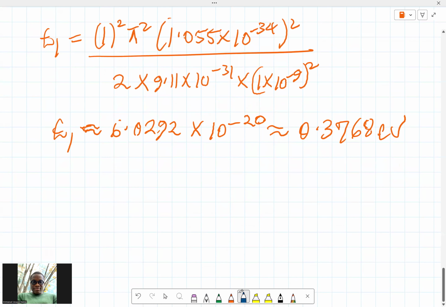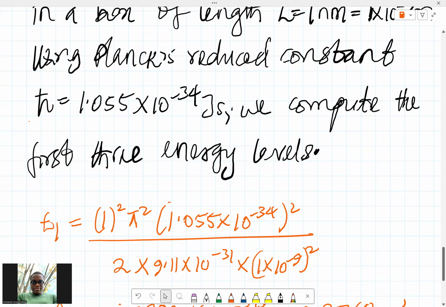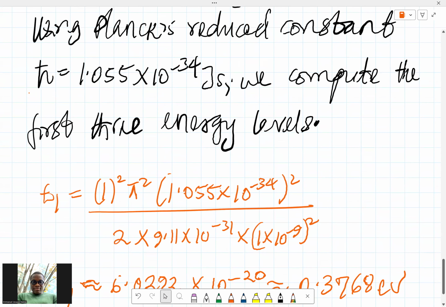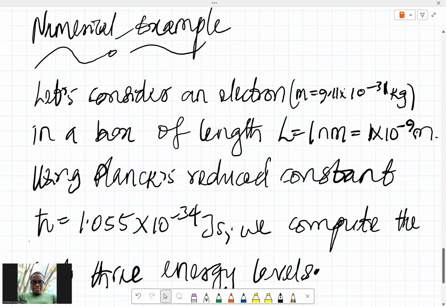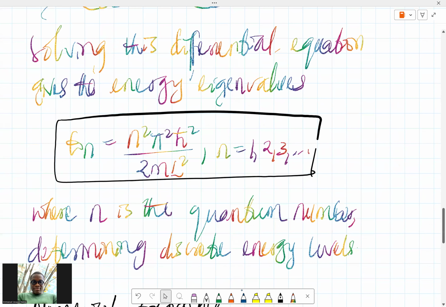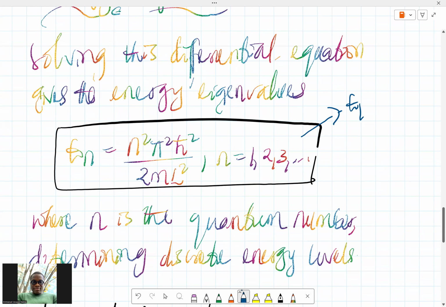So the next is the second energy level, that's E2. Interestingly, from what we have here, the first energy level is 1 times whatever, so the only thing that keeps changing is the n. So E1 would actually just be pi squared h bar squared all over 2 m L squared.